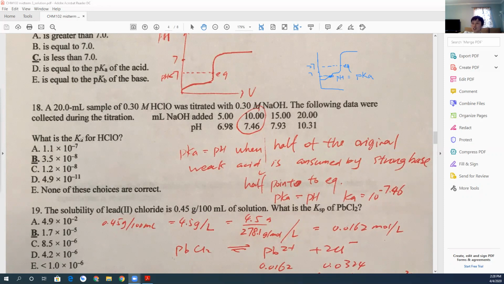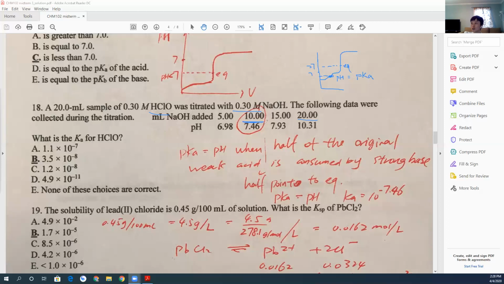It asks you the Ka value. If you want to know the Ka value, you want to know the pH at halfway to the equivalence point. Because the acid and the base had the same concentration, you're going to use the same amount, which is 20 milliliters of the base, to reach the equivalence point. So 20 is the equivalence point, and half of that is 10 milliliters.